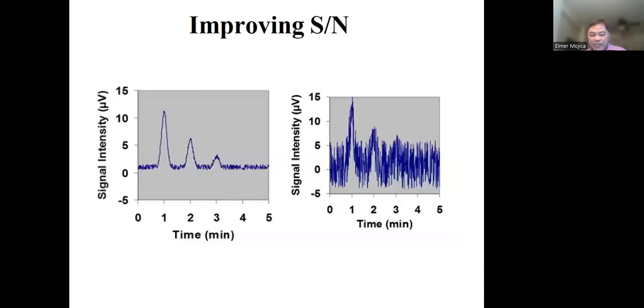Okay? Now, if we want to improve the signal-to-noise ratio, I'm showing you here some signal. What's the difference between the first plot and the second plot? Which is more accurate? The first plot. So this one.